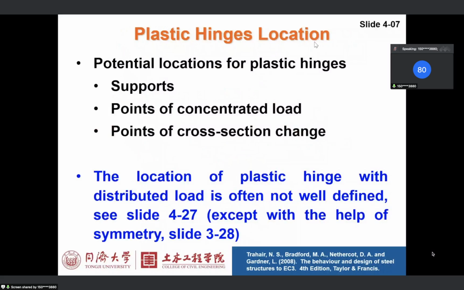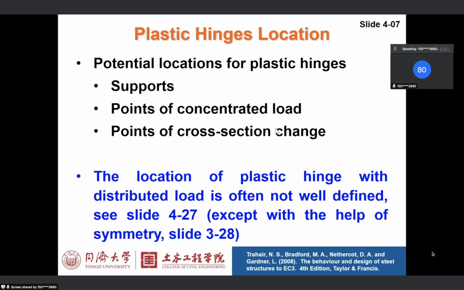So for plastic hinge locations, based on the previous two-bar and three-bar mechanism examples, we can say the potential locations for plastic hinges may be at the supports, at the points of concentrated point load, or, less common but possible, at the point of cross-section change.